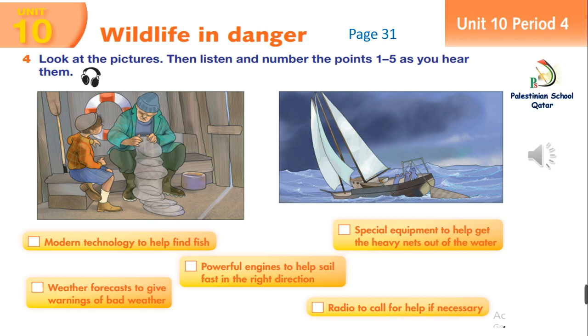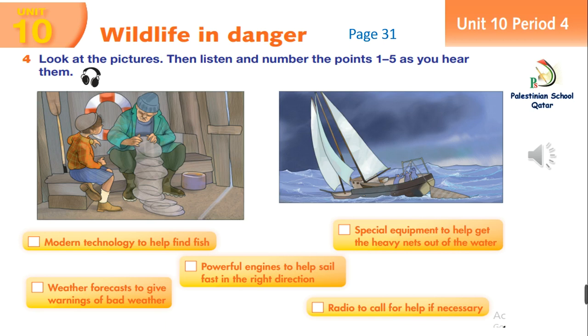So life was much harder in my grandfather's time than it was when I first went fishing 60 years ago. We were starting to get a lot of advantages that he never had when he was young. First of all, they only had sails in the old days, and the wind was often in the wrong direction. But we had powerful engines to help sail fast in the right direction.